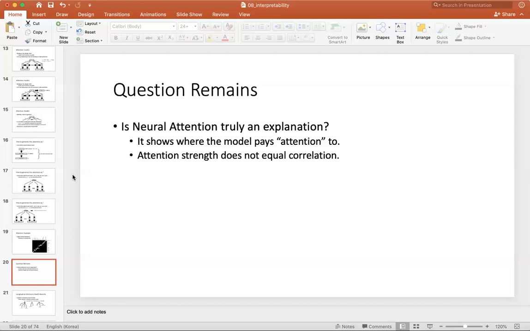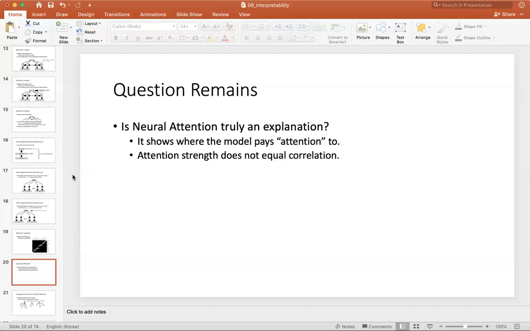The attention is not the same. Even if something gets high attention, attention can only be non-negative, because in order to get your attention, you need to use softmax. So there can't be a negative attention. All the attentions are positive, or at least non-negative. And just because some token or some ith step input has a strong attention doesn't mean that it is positively contributing towards the final prediction.